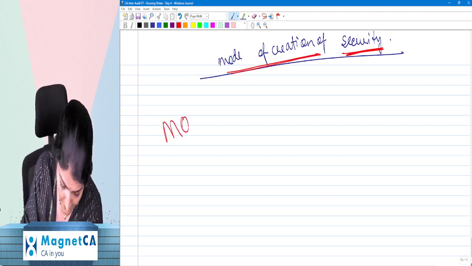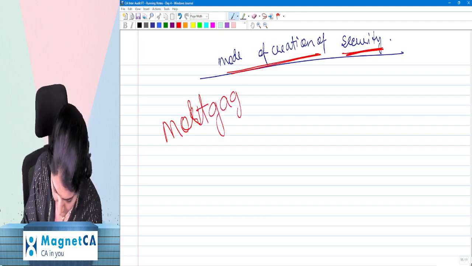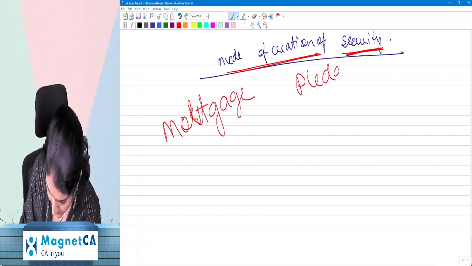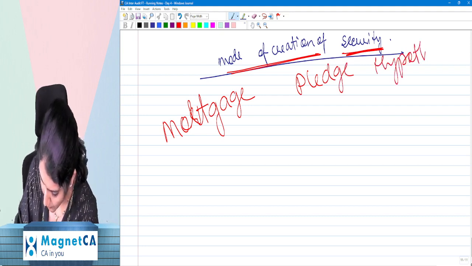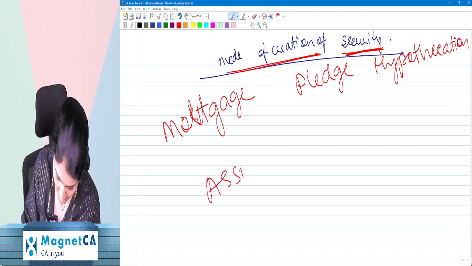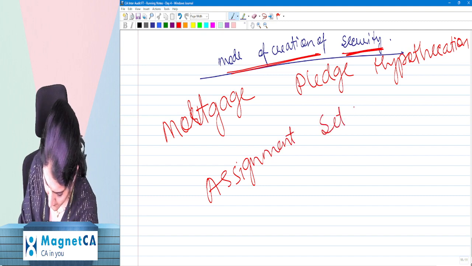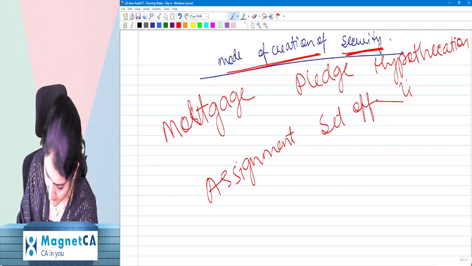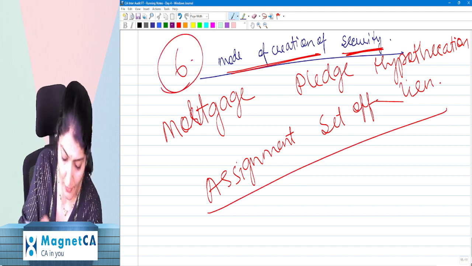Right, so you have the mortgage, pledge, hypothecation, assignment, the set off and the lien. And these are the 6 modes of creation of the security.